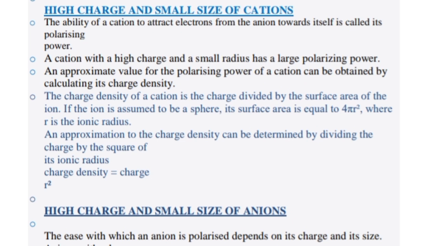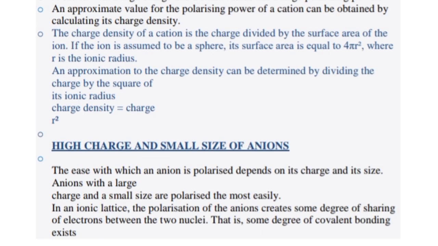It should be high charge and small size for a cation, and high charge and large size for an anion. Simply, the ease with which an anion is polarized depends upon its charge and its size. The one with the bigger charge and small size is polarized most easily, because if it has a small size, it will be attracting electrons.